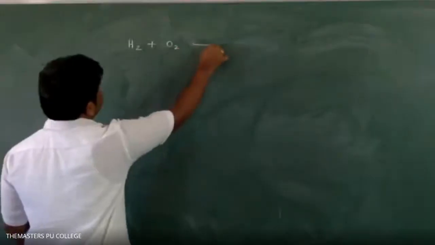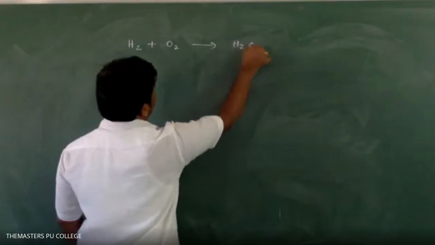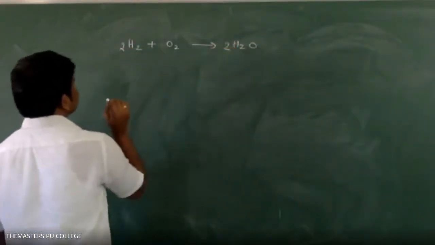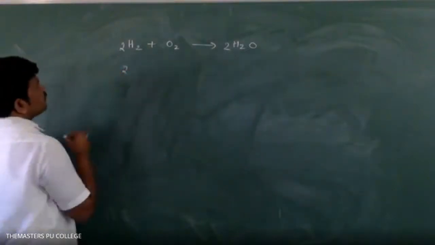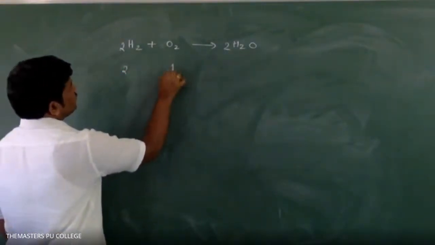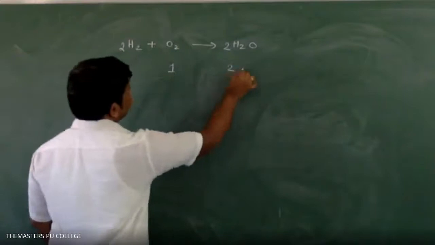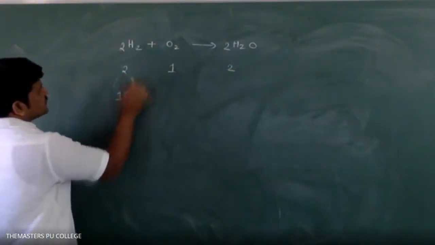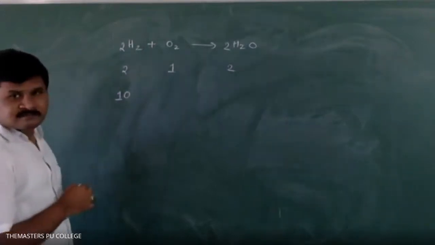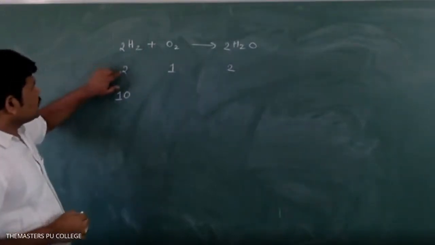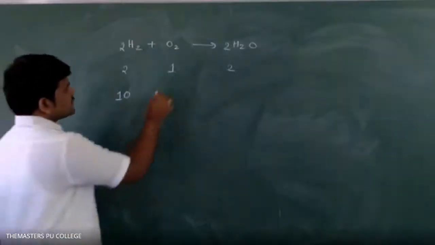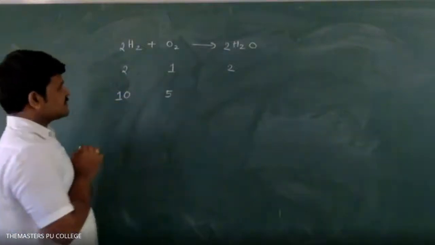H2 plus O2 gives H2O, so 2H2 plus O2 gives 2H2O. 2 volumes of H2 need 1 volume of O2. If you take 10 volumes, how much is required? 5, as given.